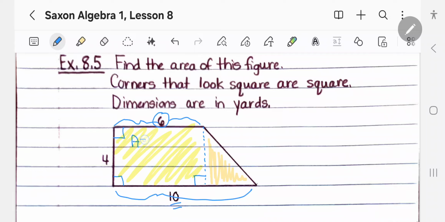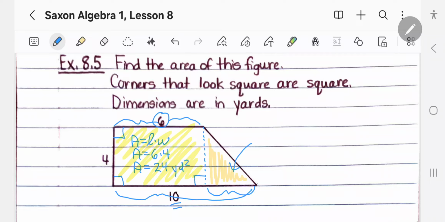The area of here is length times width, which would be 6 times 4. So the area of the yellow rectangle is 24 square yards. Yards times yards. Now let's deal with this triangle. Well, we need to figure out this little piece right here.